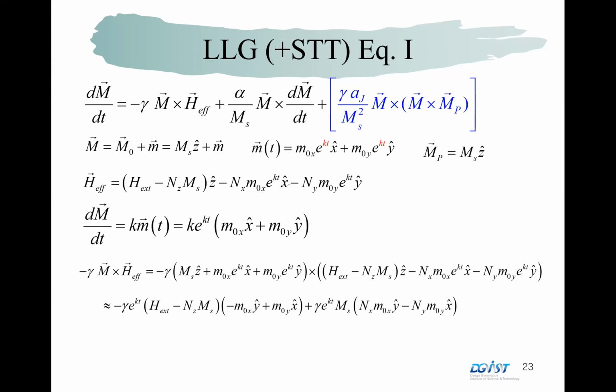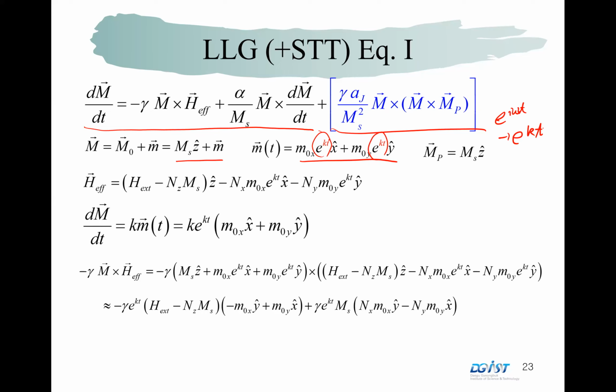So let's start with the LLG equation with the spin transfer torque. And as we said, the m can be described by this linear motion, and small m, here we have this form. But the difference is we assume the exponential term, instead of exponential i omega t, we can replace it by just kt.